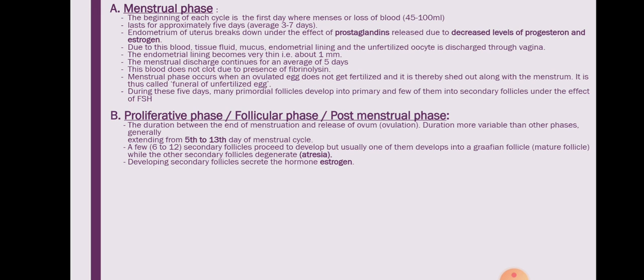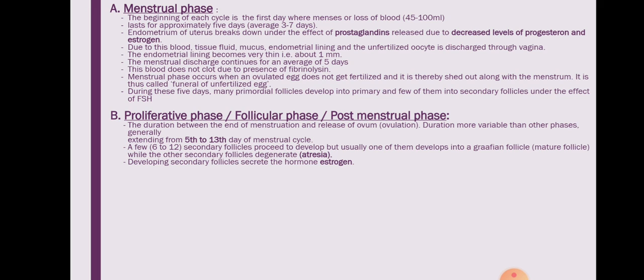Now the menstrual phase was indicative that there was no fertilization, and the earlier follicle or oocyte that was developed is wasted, released outside the body with the menstrual flow. Now it is time to develop another follicle for fertilization.